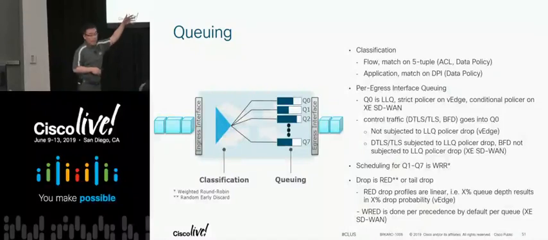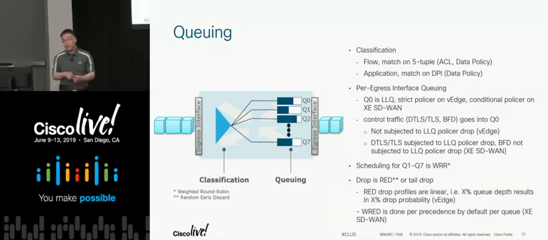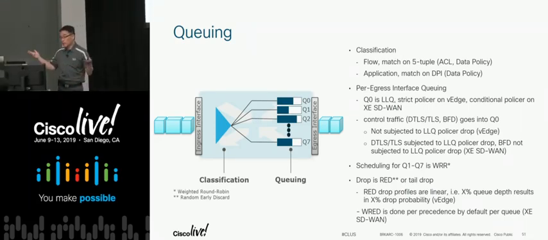The control traffic, we said, including the DTLS, TLS traffic, and BFD packets. BFD packets are used to monitor the liveness of the tunnels and always go inside Q0.